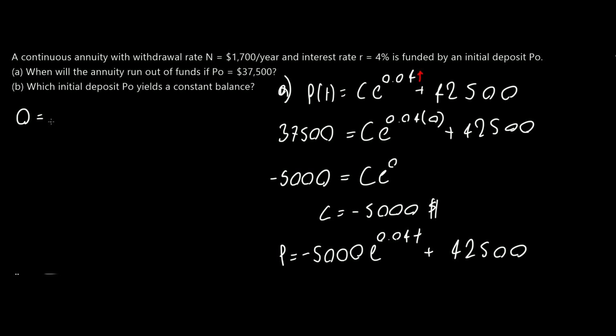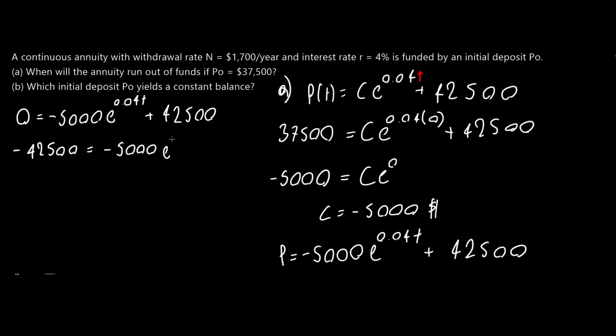So we're going to have 0 equals negative 5,000 e to the power of 0.04 t plus 42,500. If we move the 42,500 over, we're going to have negative 42,500 equal to negative 5,000 e to the power of 0.04 t.